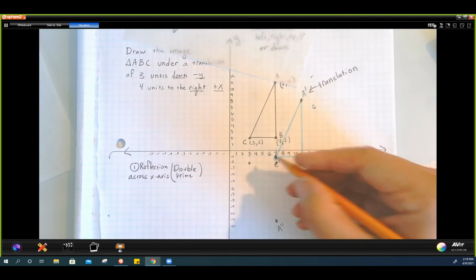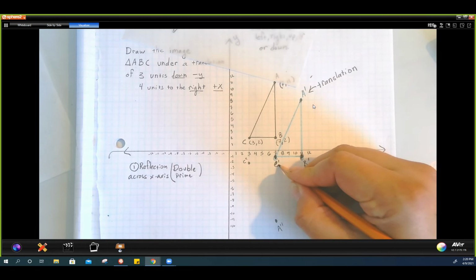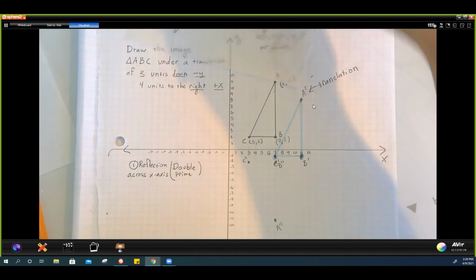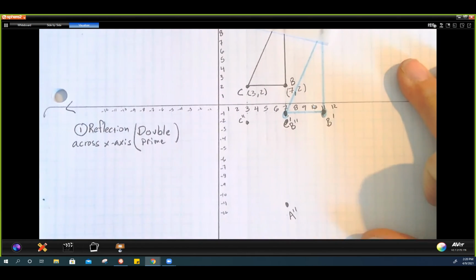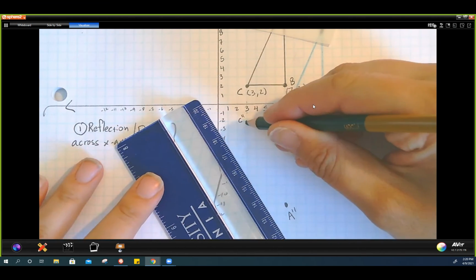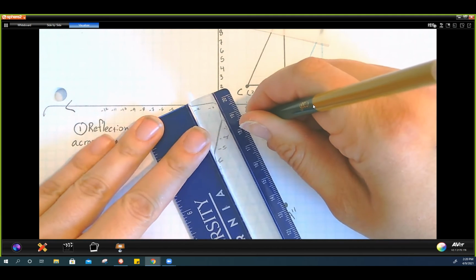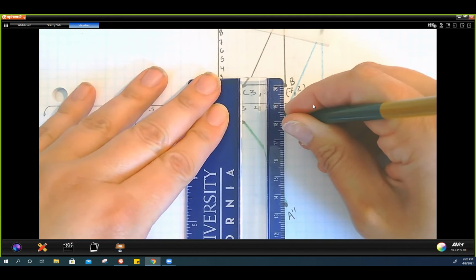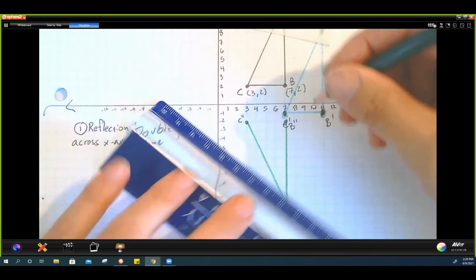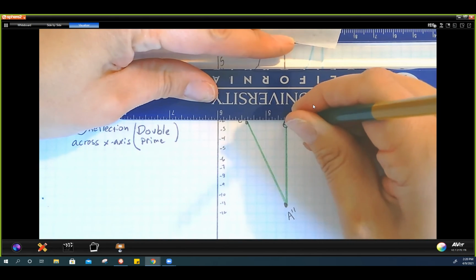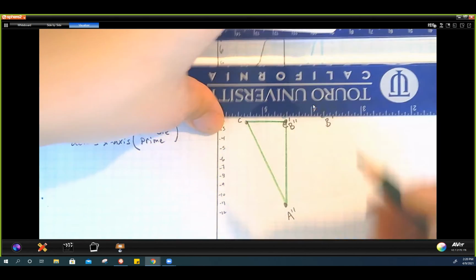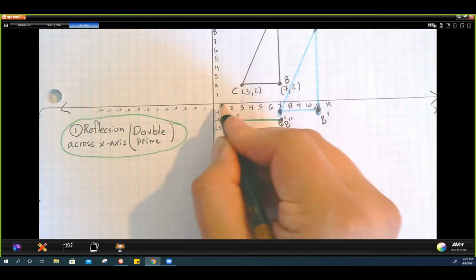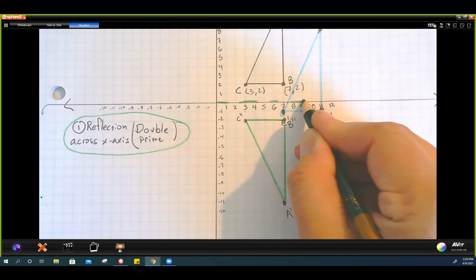A double prime, C double prime, and B double prime. Okay, first one. And that was reflected across the x-axis.